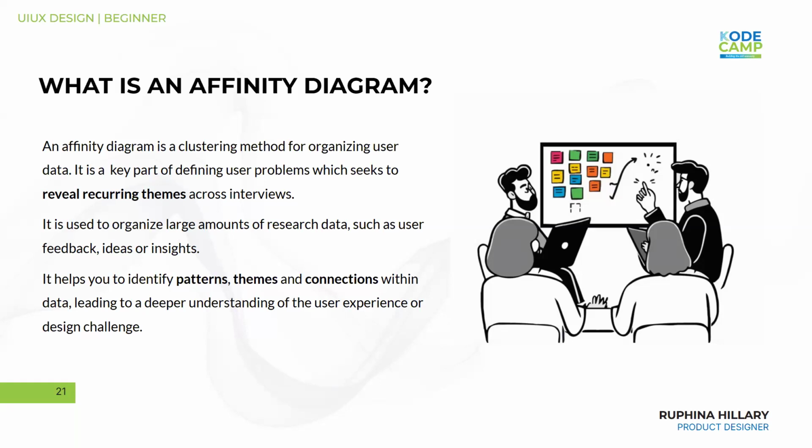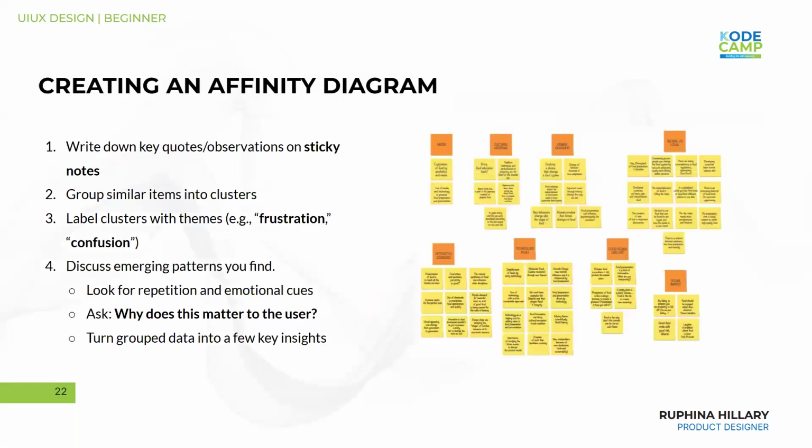So it gives us user feedback, ideas or insights, and helps you identify patterns, themes, and connections within data, leading to a deeper understanding of the user experience or the design challenge. Now, how do we create an affinity diagram? It's a very simple process.